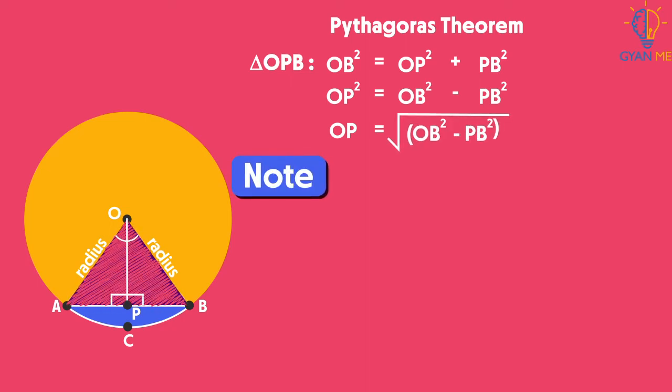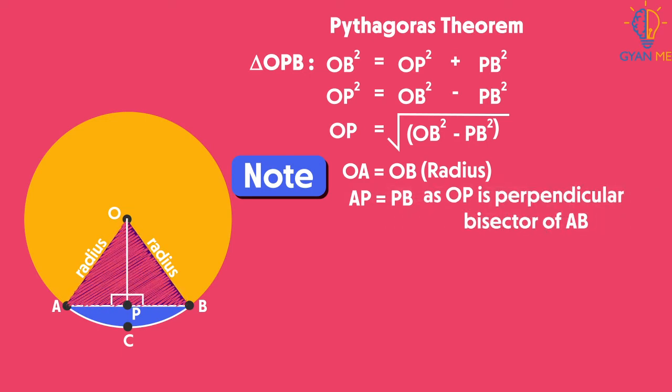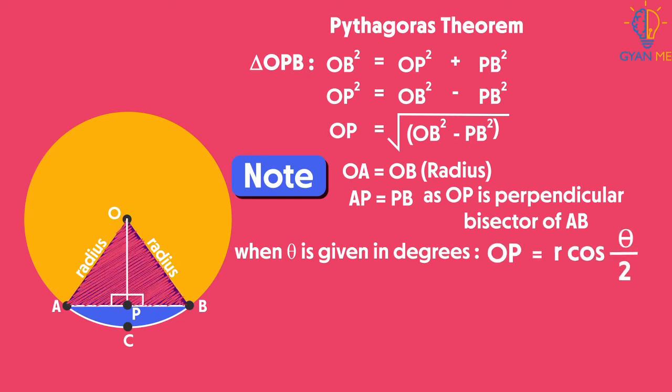Note that here OA is equal to OB because both are the radius of the circle, and AP is equal to PB as OP is perpendicular bisector of AB. Or in case when theta is given in degrees, OP is equal to r cos theta upon 2.